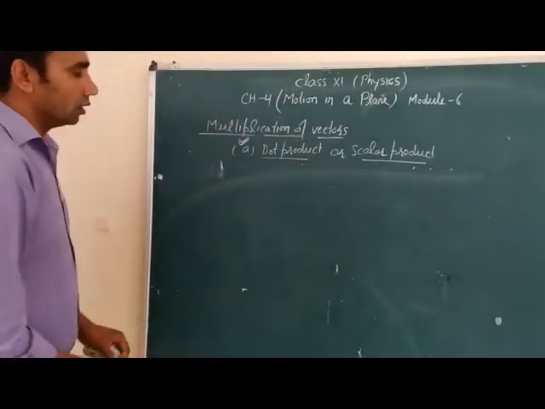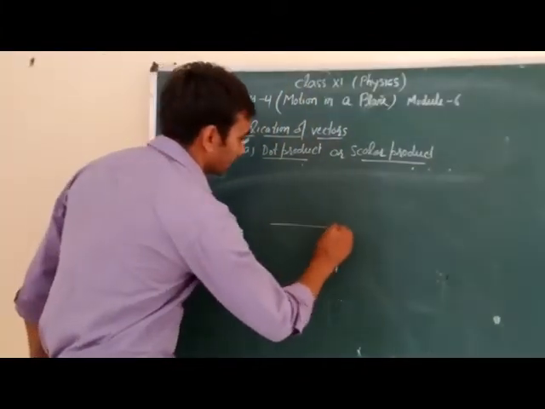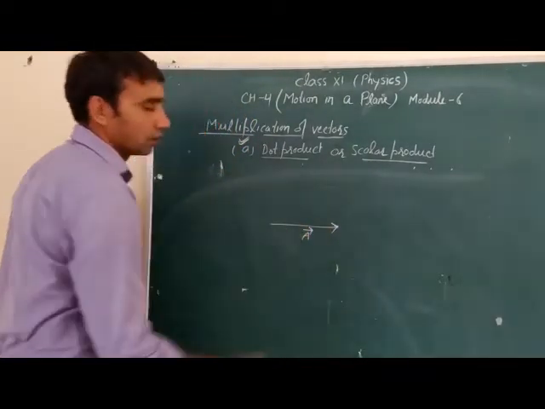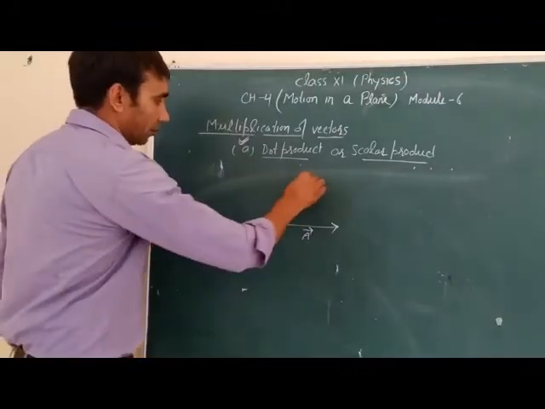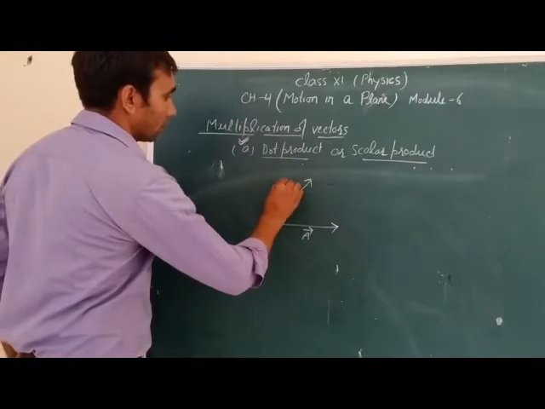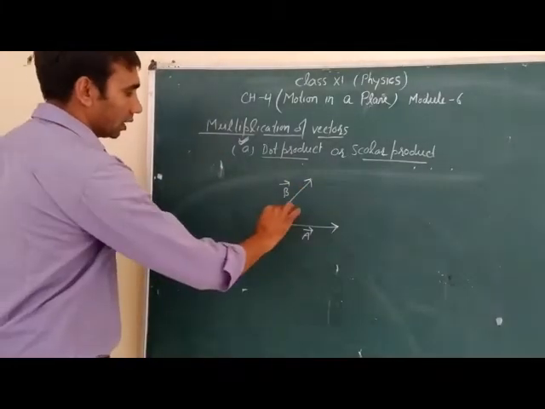Now let us take this vector A and this other vector B, and theta is the smaller angle between them.